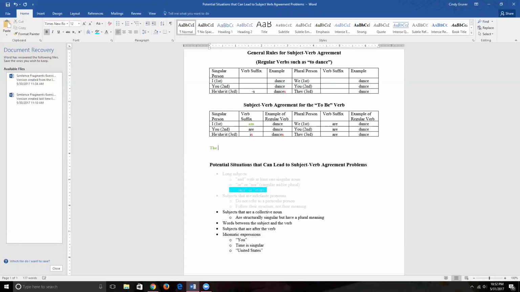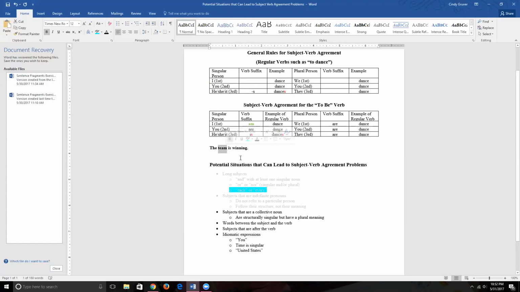So we say the team is winning. Okay? Well, obviously a team has to include more than one player. And so out on the field are 10 players playing, and each one of those 10 players is winning, and they are together winning. But we don't say "the team are winning," because after all, it's just one team.